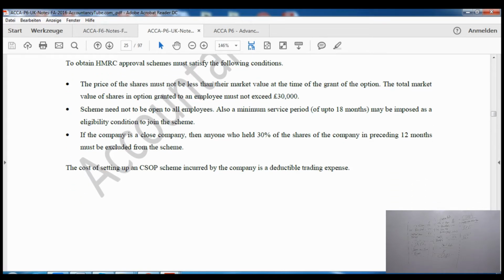Now there are certain conditions for this company. The price of shares must not be less than their market value. Could you please tell me, in the SIPP scheme, what was the rule about the price? Yes, you're right.